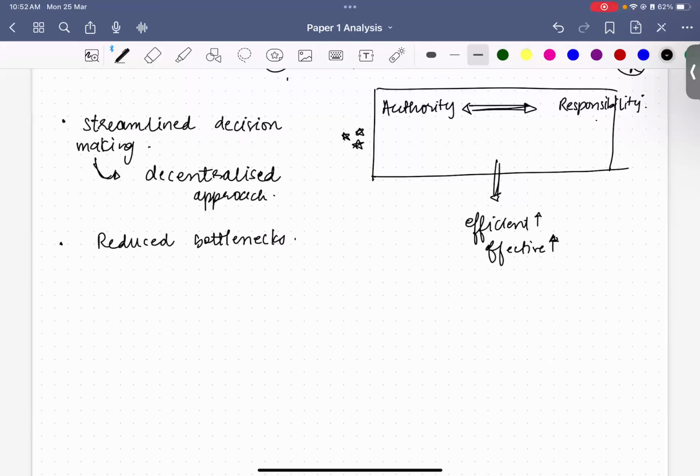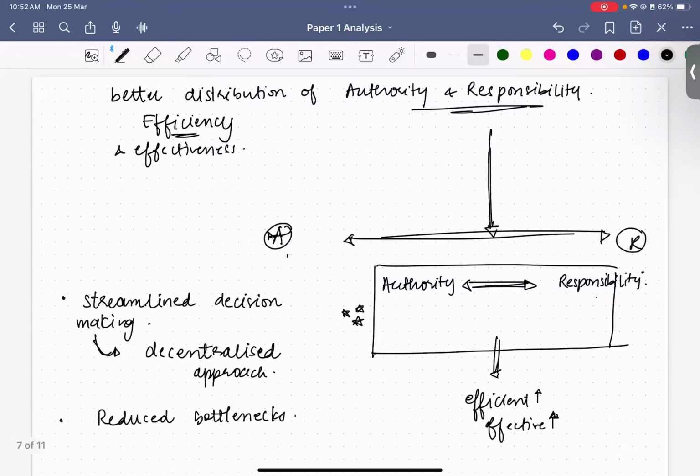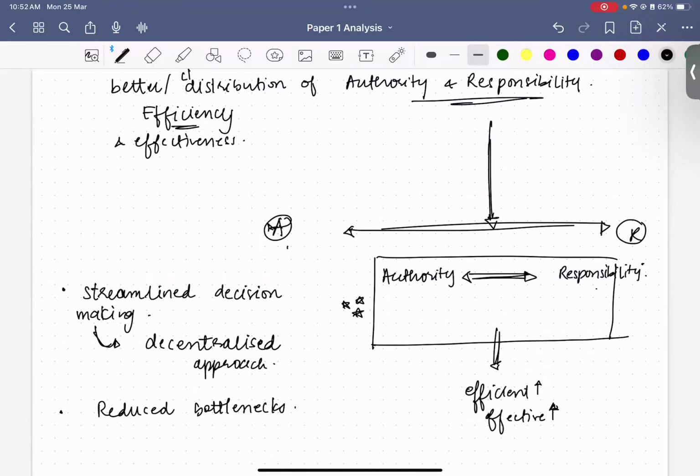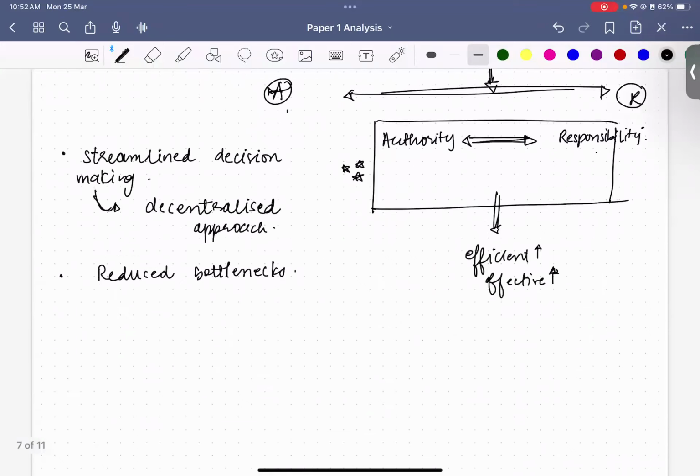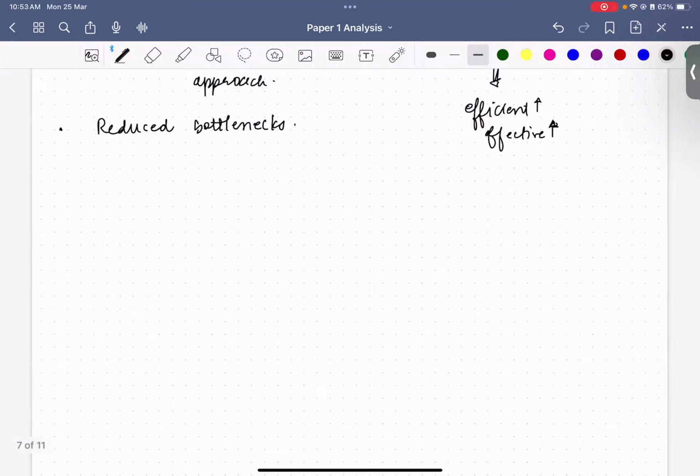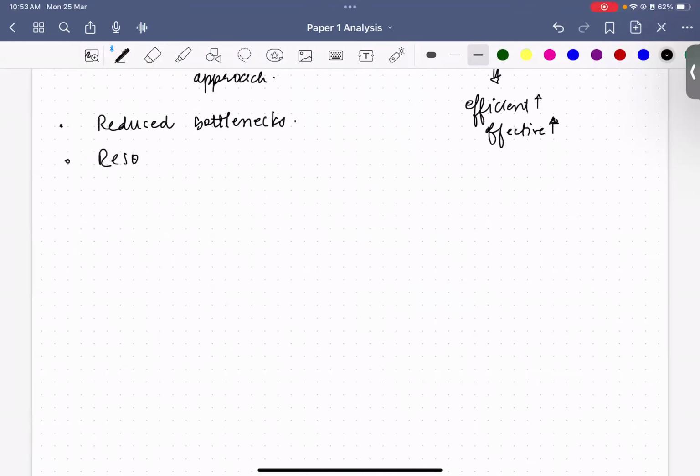And with the clear definition of the distribution, okay, better and clear both, the resource allocation will also improve because people exactly know where a particular thing is lying with respect to authority and responsibility. So chaos will be reduced.